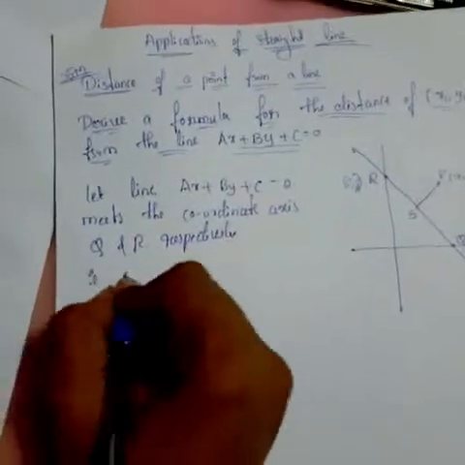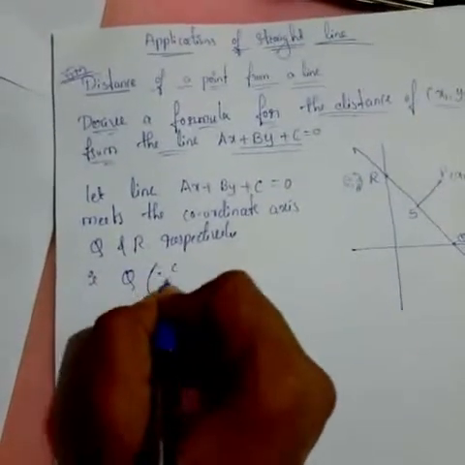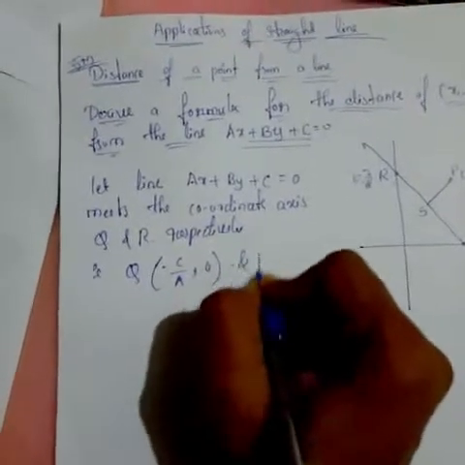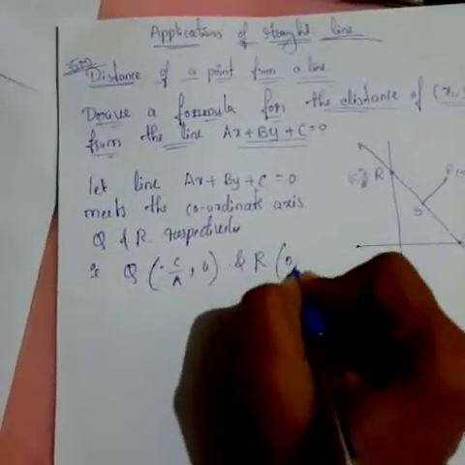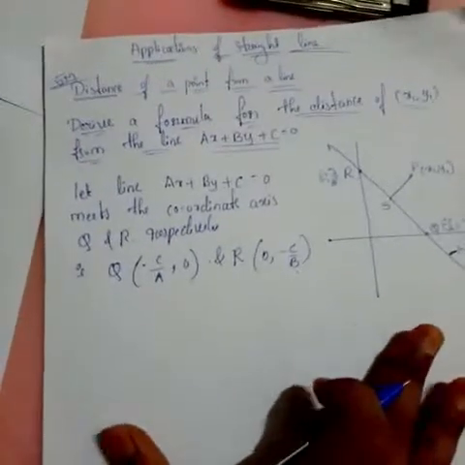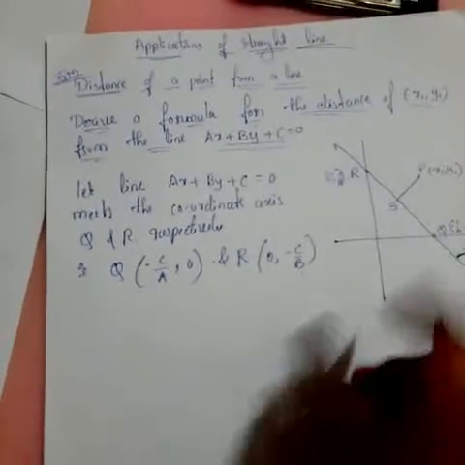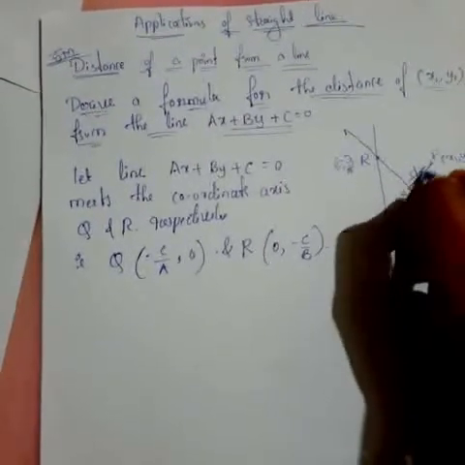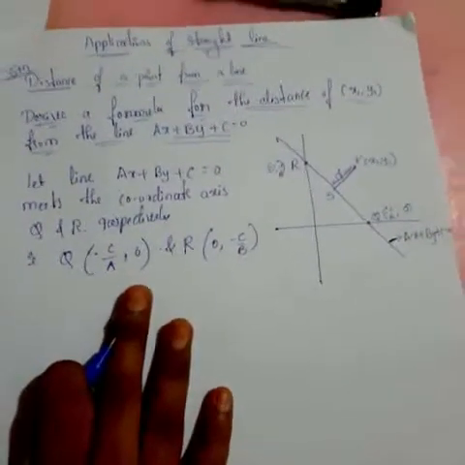That is, the Q coordinate is minus c by a comma 0, and the R coordinate is 0 comma minus c by b. Okay, now we have to find the d. Let us take this distance as d. Okay, this distance is d.